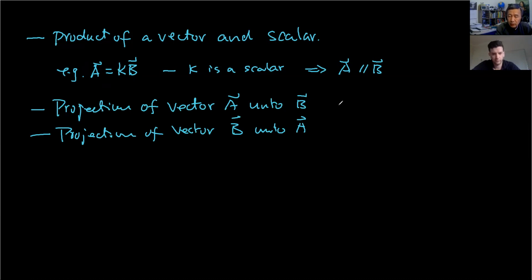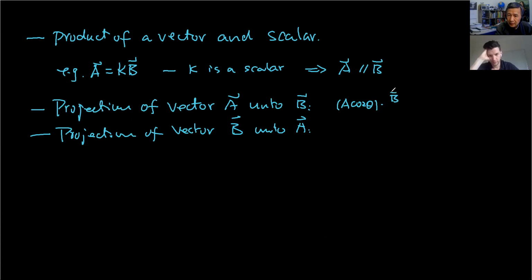Basically, for the first one, we know that it will be simply equal to A cosine theta, and then multiplied by the direction. What is the direction of B?